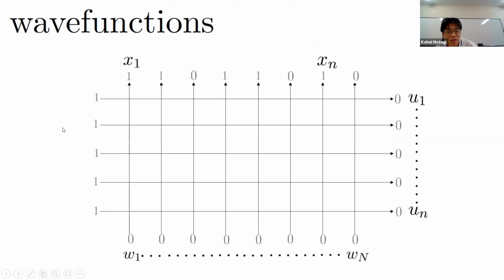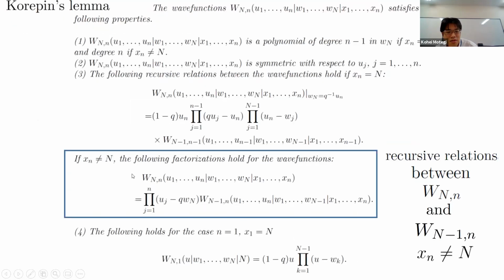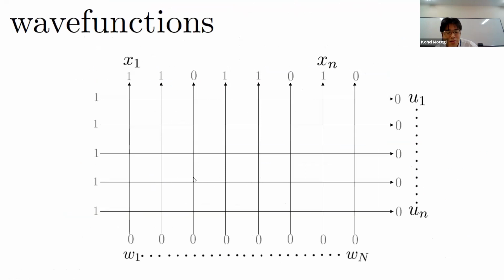And now let's see this. So now you consider the situation when this one is not in this rightmost column. So this part is 0. We consider this case. And from the ice rule, you can easily see that this part and this part should be 0 because the sum of the inputs should be equal to the sum of outputs.